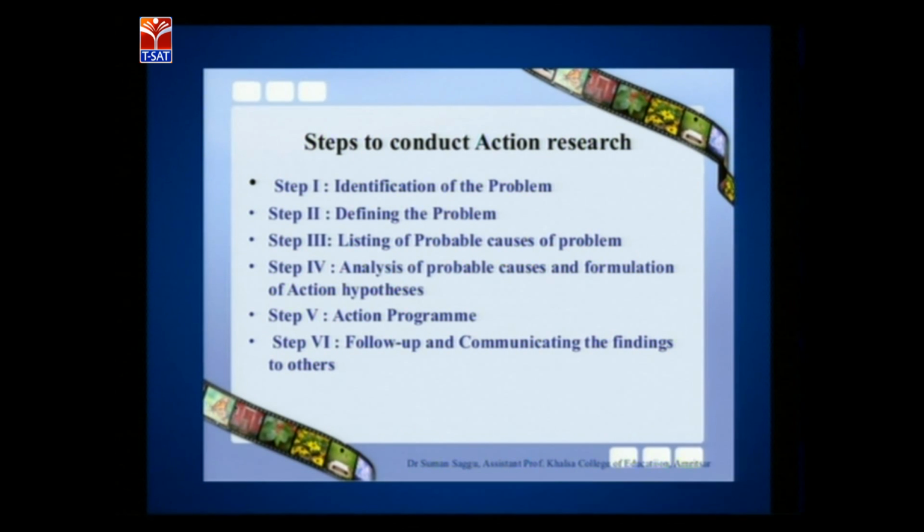Step 5, action program, which is nothing but the plan of action. It may take 10 days or 10 weeks even. And the last step, follow up and communicating the findings to others, other teachers, other schools, etc. So these 6 steps are very important in taking up action research.